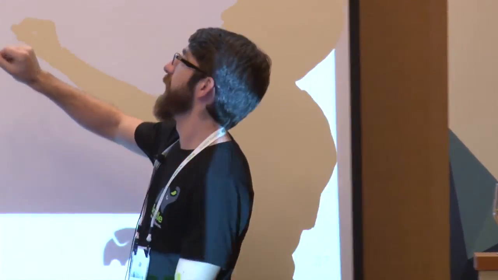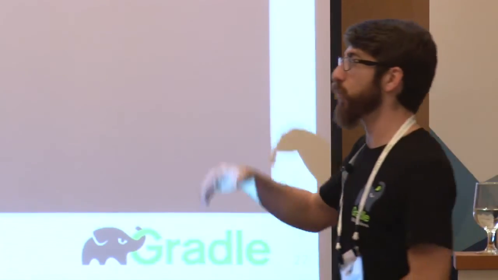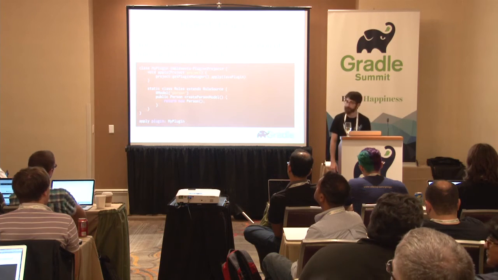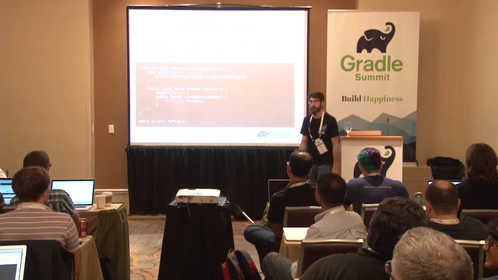Really, you can think of a legacy plugin as just some block of configuration that's being applied to some arbitrary object, right? Rules are collections of logic that are bound to elements of the model space. So you can really only apply them to the model, right? The thing you're being applied to is the model, and that's sort of per project. So for settings and init scripts, the previous plugin model will still persist.